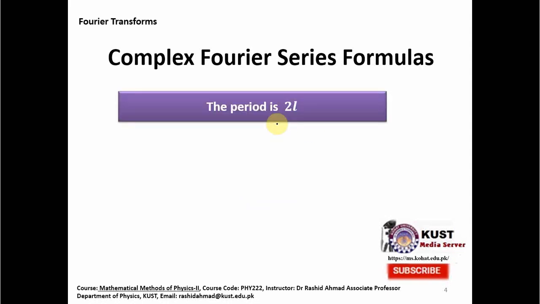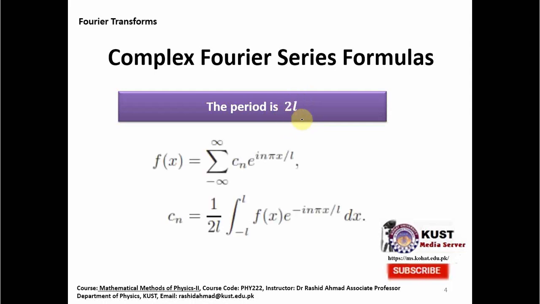and we are now talking about the period of 2L. Remember that in previous lectures I talked about the period of 2 pi, which was just a convenient choice, but now we have extended it to the more general case where the period is 2L.